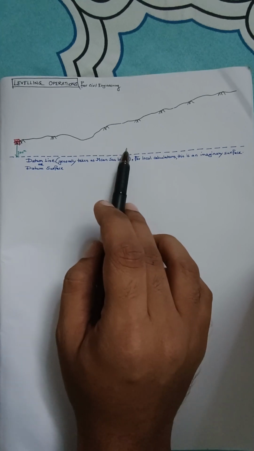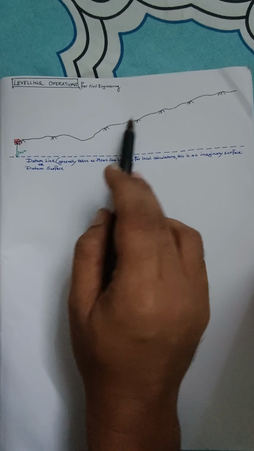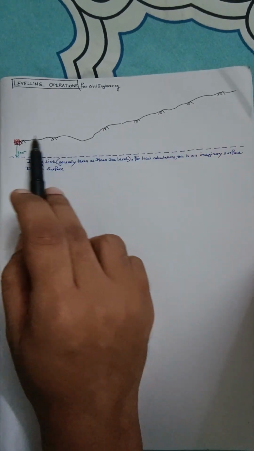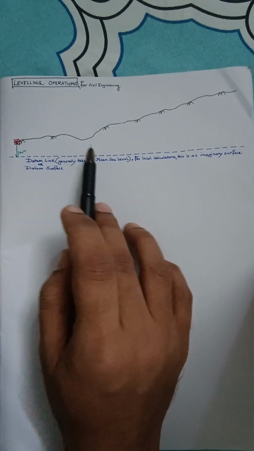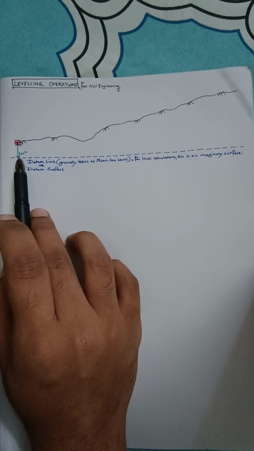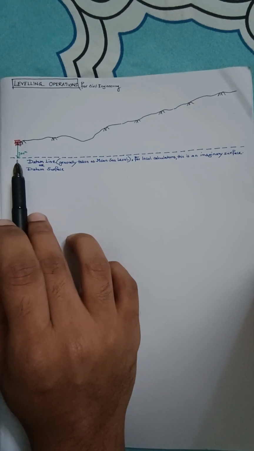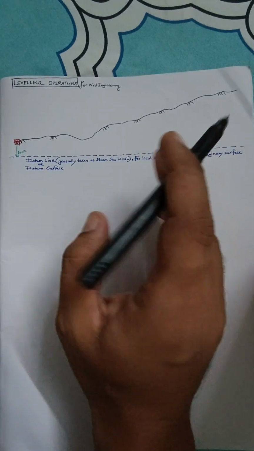Now, our point of concern is to find out the altitude, say, for example, at this place, or this place, or this place, wherever you feel like on the ground level. Okay, so this is basically our task. We know one of them. Using this as a reference, we'll find out different points' locations.